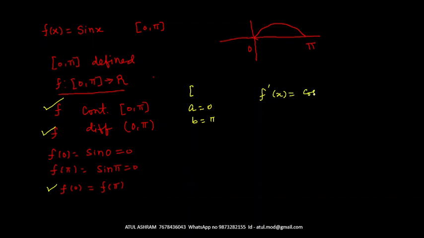It is cos x. So f'(x) is cos x. Fine. f'(x) is 0 implies cos x is 0. This implies x is (2n plus 1) into pi by 2.